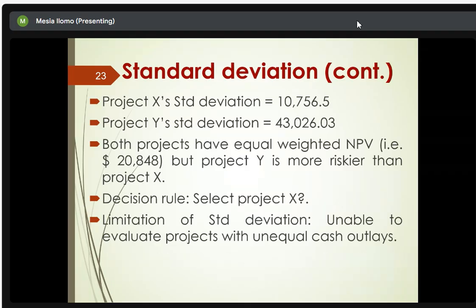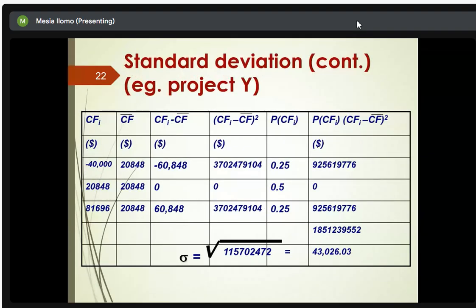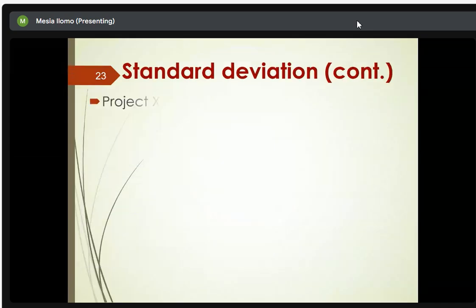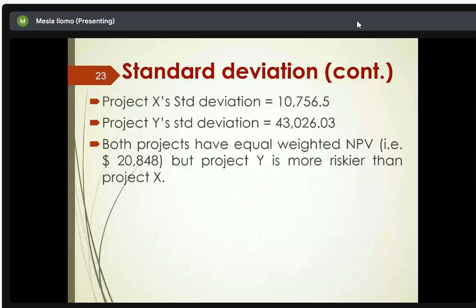Anyway, comparing these two projects, the standard deviations were computed for Project X and Project Y. The standard deviation of Project X is 10,756, and for Project Y it is 43 something.